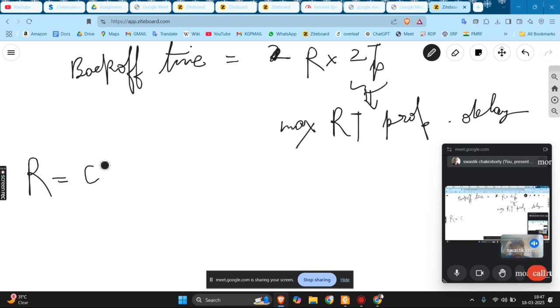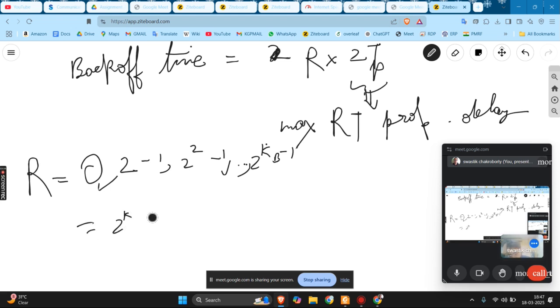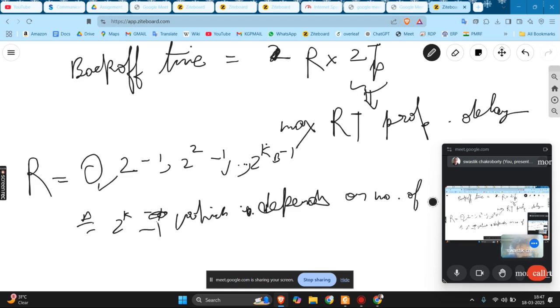R ranges from 0, then 2 minus 1, 2 squared minus 1, up to 2 to the power Kmax minus 1. So in effect R is simply 2 to the power K minus 1, which depends on the current number of retransmission attempts.